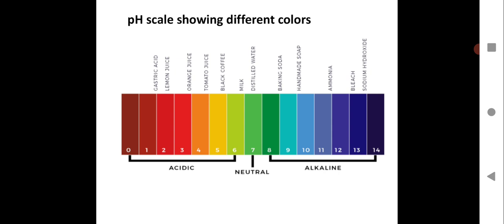Deep color you will get on the blue side. Then if you go towards 0 or 1, that is the most acidic side, then the color changes from light green at 6 to yellow, orange, red, deep red, thick red. Like that the color change you will get when you move towards 0 from 6 onwards.